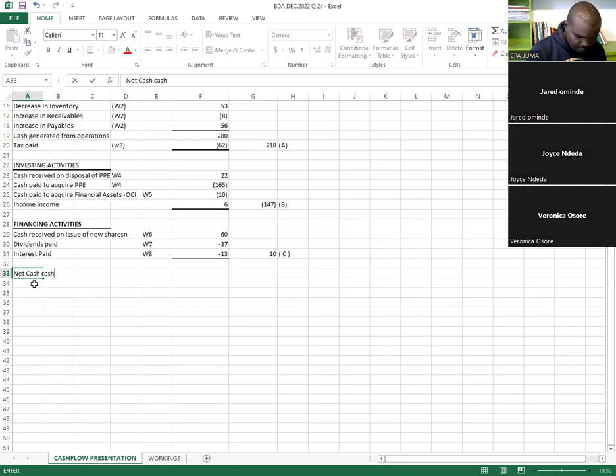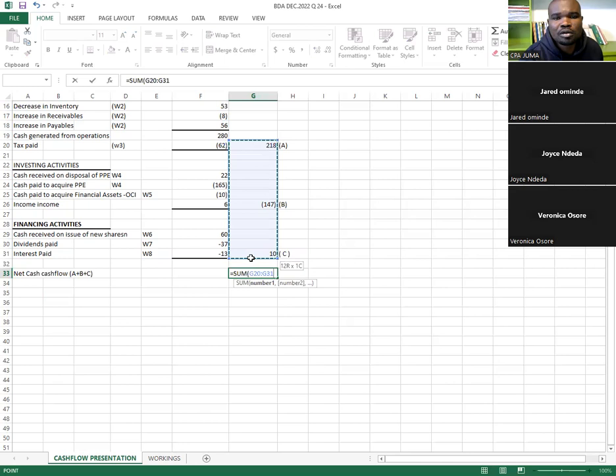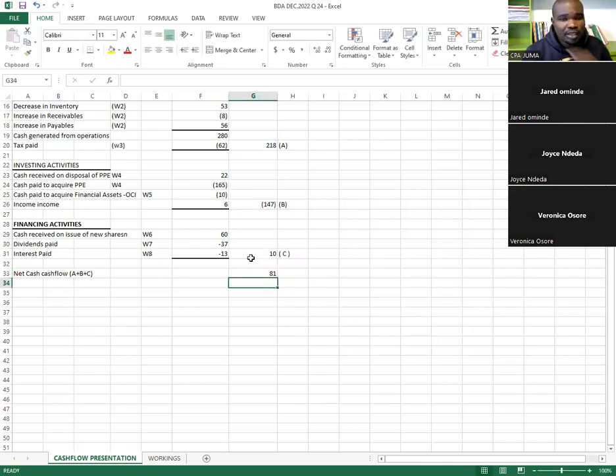Net cash flow for the year will be A plus B plus C. A plus B plus C is equals to, it should be straight below this, the sum of these ones here. So the net cash flow is 81.